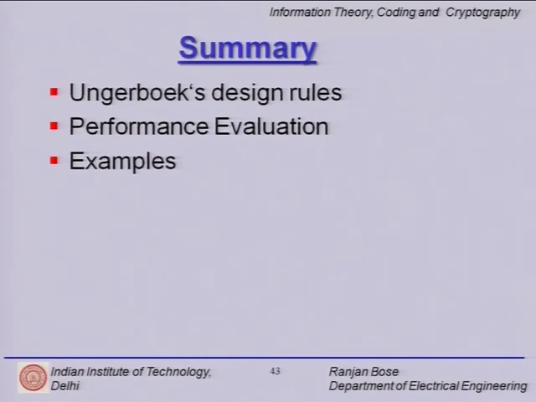We made the observation that D free is the single most important parameter for TCM schemes, and it comes out that the probability of error upper bound is strictly dependent on this D free notion. We also looked at certain examples to see how we can calculate this probability of error.